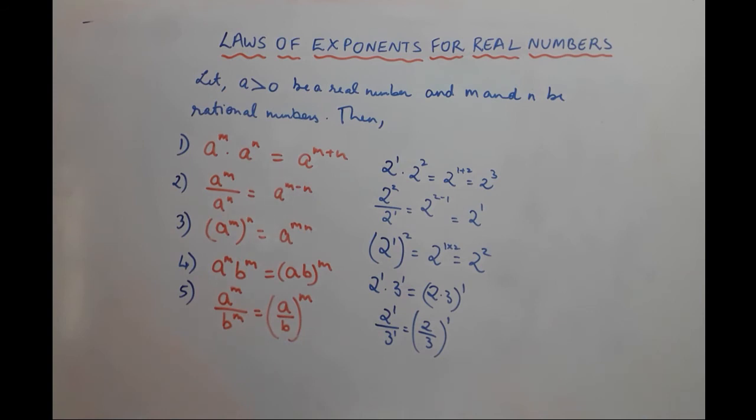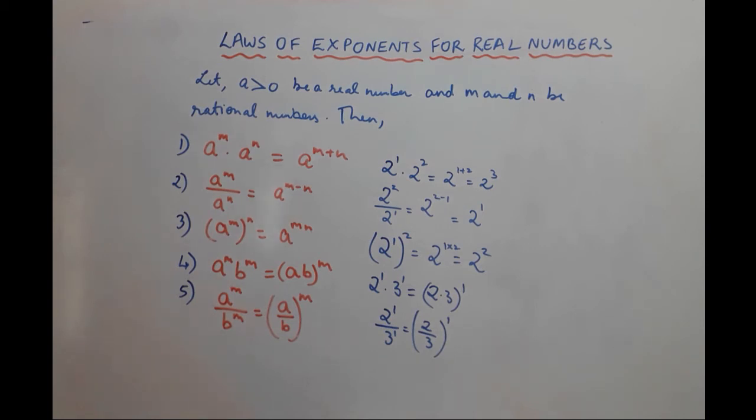In the first 3 examples we have one base, the bases are the same but the powers are different, and we have addition, subtraction and multiplication problems as well as division problems. In case of the last two, they are with different bases.